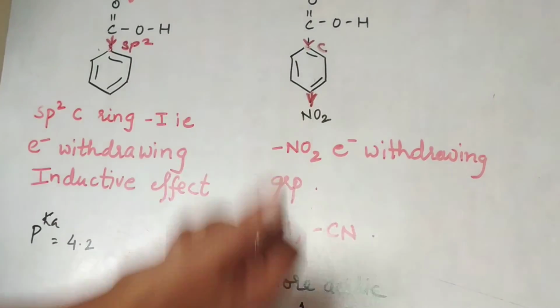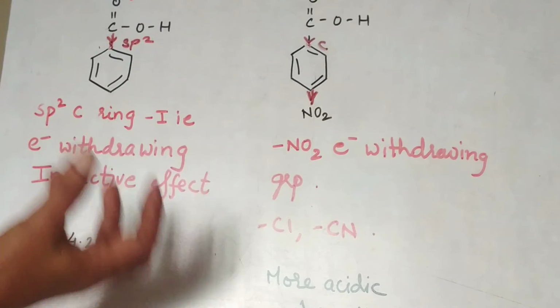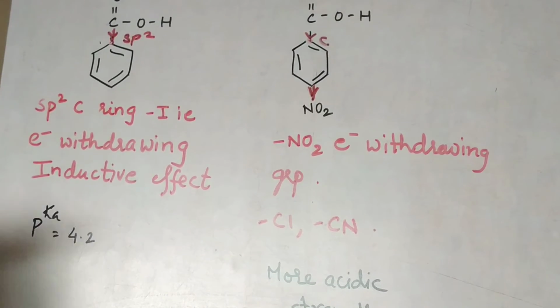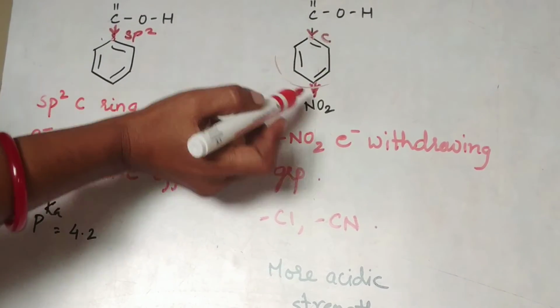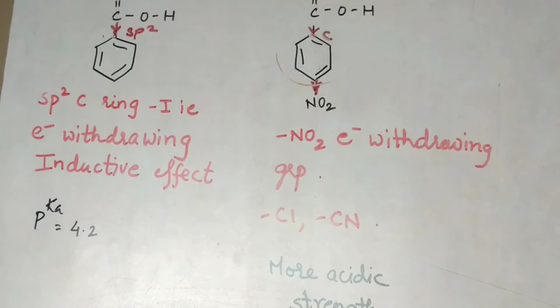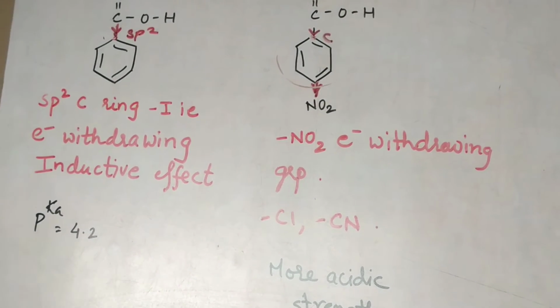So electron pulling हा effect, minus I effect हा increase झाला due to the ring phenyl group पूर्ण आणि nitro group. So that minus I effect has become more.